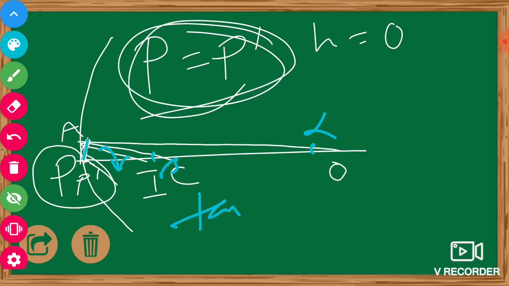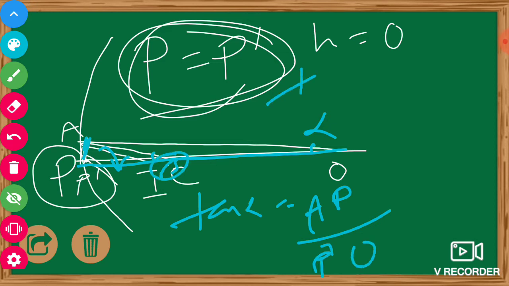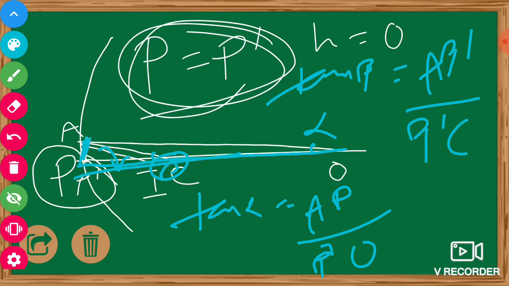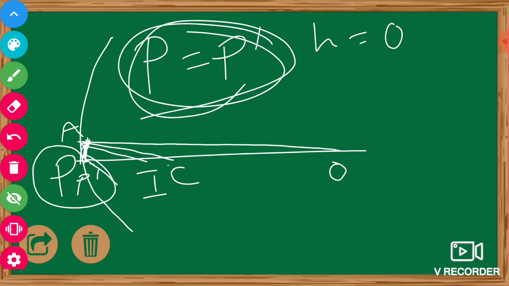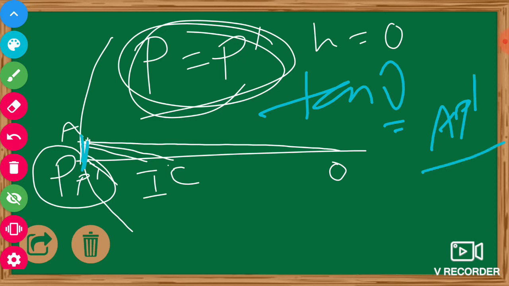To find tan alpha, the opposite side is AP and the adjacent side is P dash O. Then to find tan beta, the opposite side is again AP dash and the adjacent side is P dash C. Again, to find tan gamma, the opposite side is AP dash and the adjacent side is again P dash I.